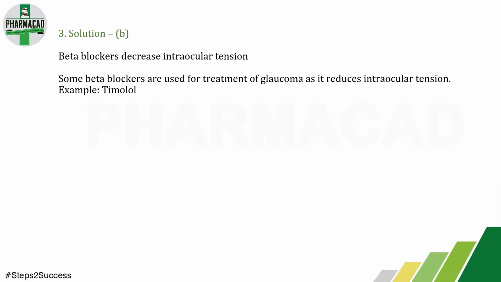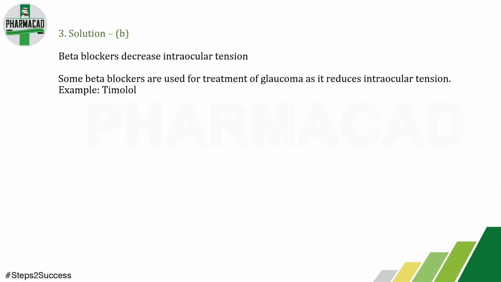So remember, beta blockers, yes, decrease our heart rate. For example, we have the beta blockers timolol and propranolol. Then we have option C as decreases cardiac work.